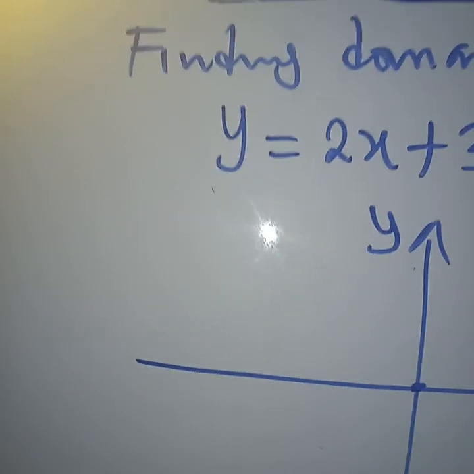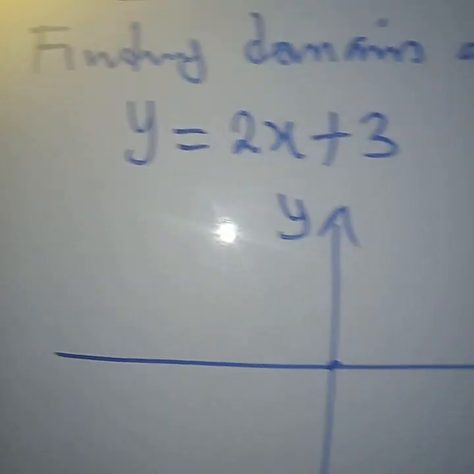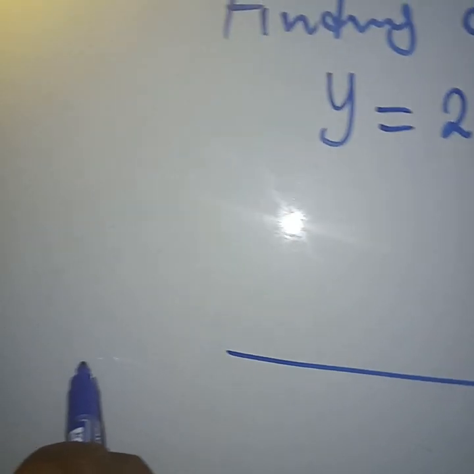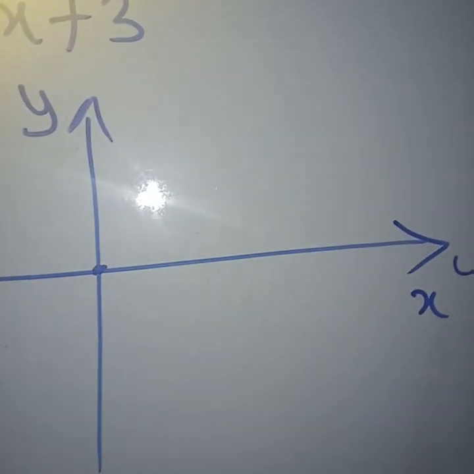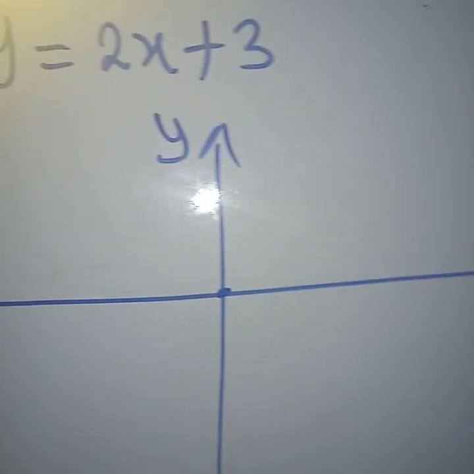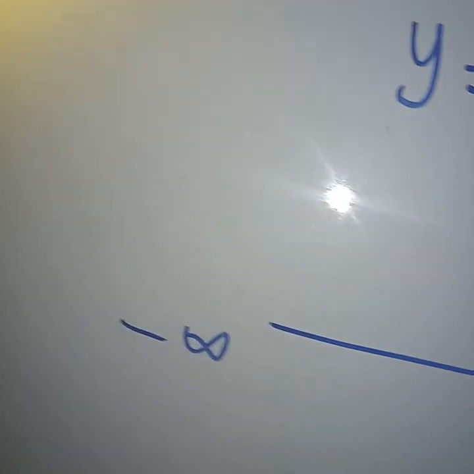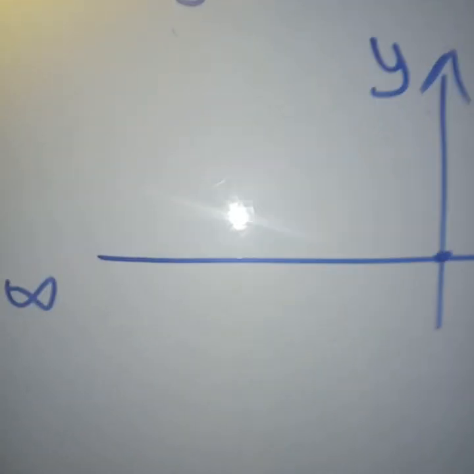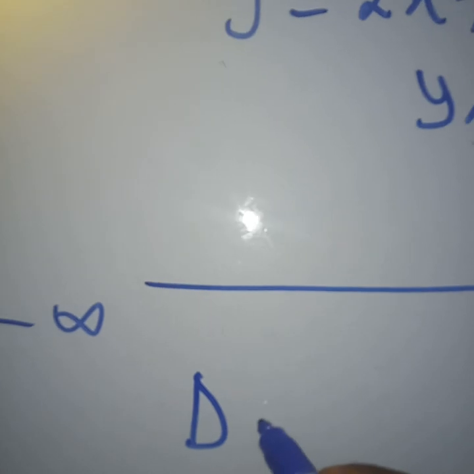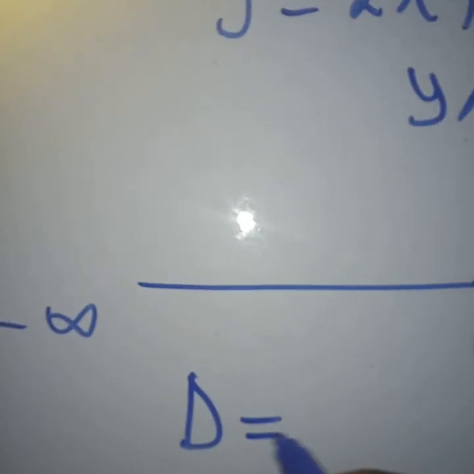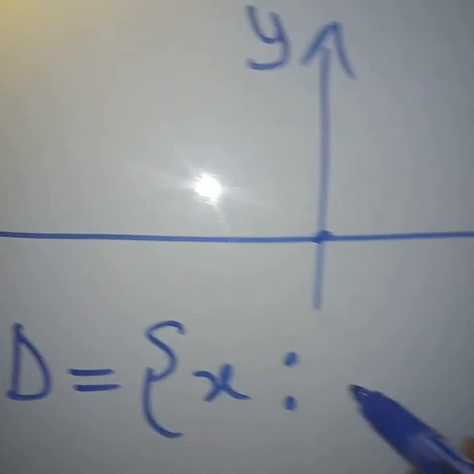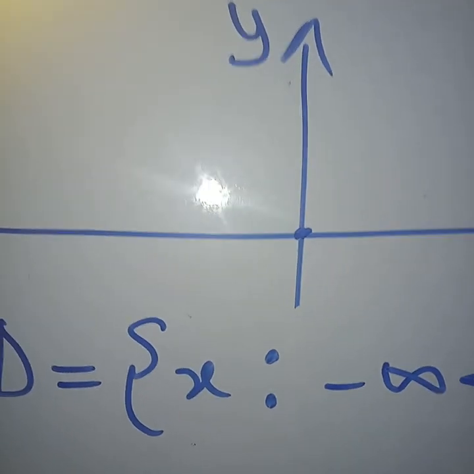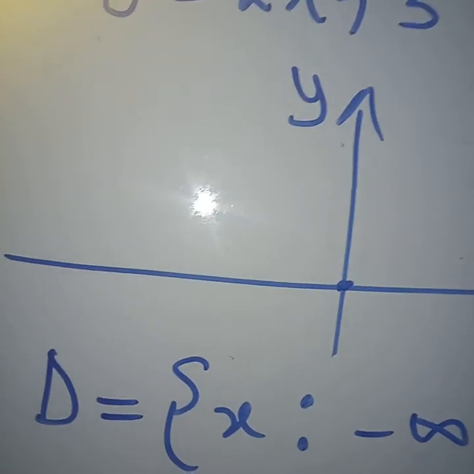So for this reason, the domain of x ranges from negative infinity to infinity, where both negative infinity and positive infinity are not inclusive. So we can write the domain of this function as the set of x, where x ranges from negative infinity to infinity.